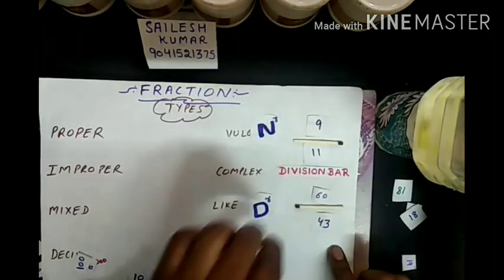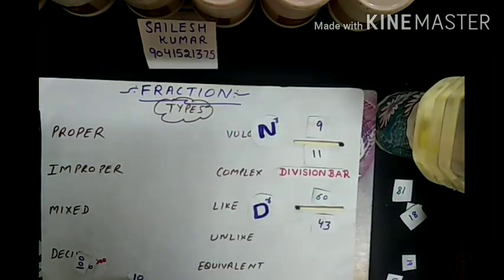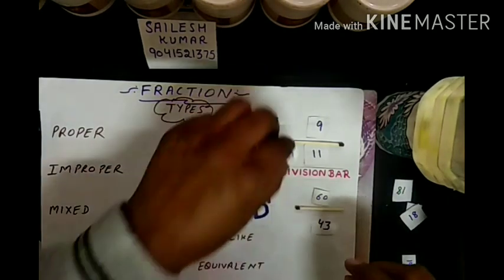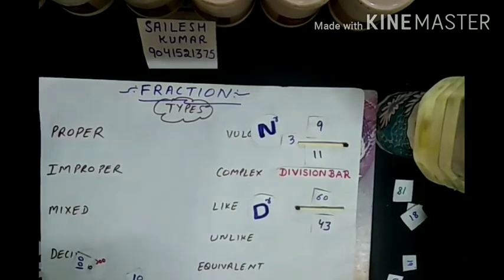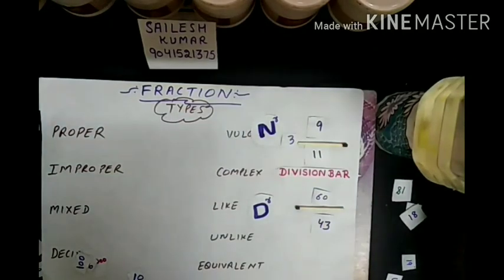This is also an example of a complex fraction. And if I place it here, then you can see that in the numerator there is a mixed fraction and in the denominator there is an improper fraction. So it is also an example of a complex fraction.